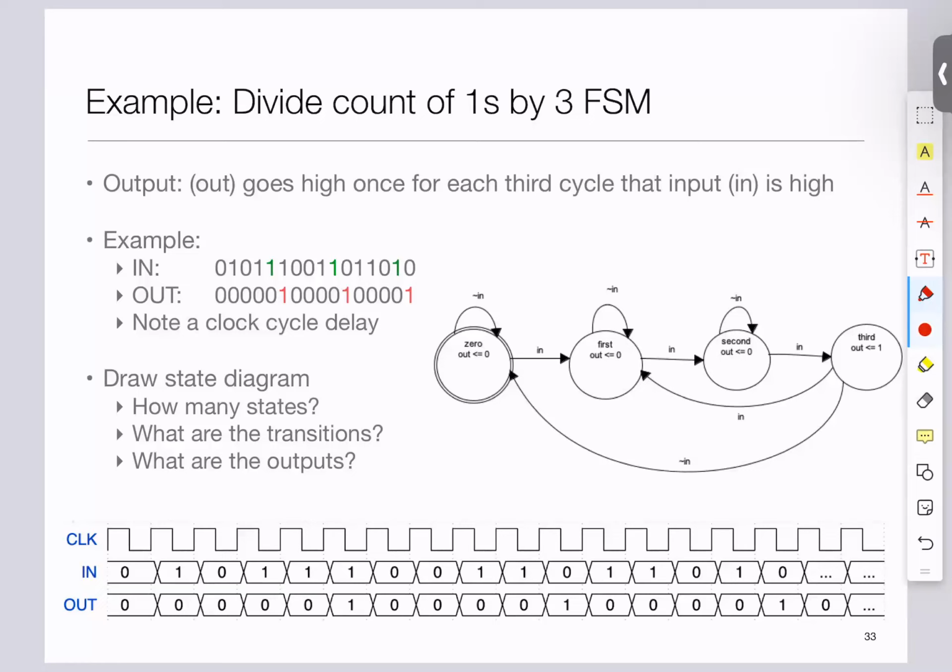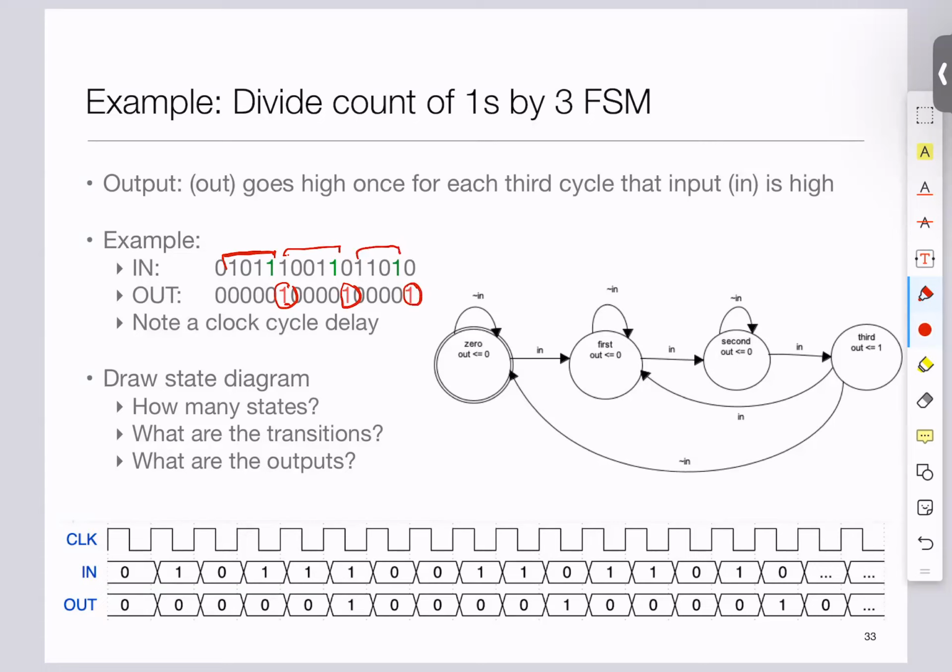Let me explain from this diagram out here. Every time I get 3 ones, then I want to output a 1. So for this group of 3 ones, this one got output. The next group of 3 ones, this one got output.